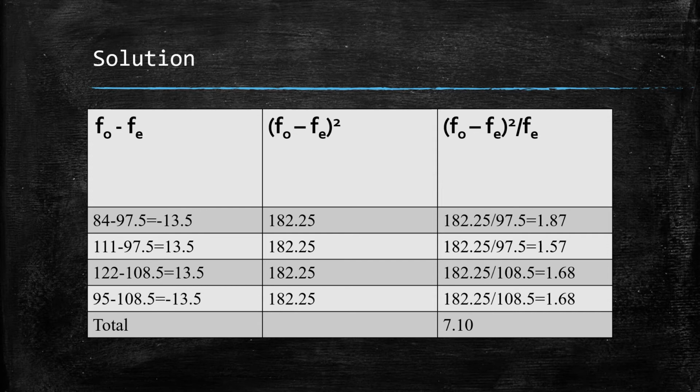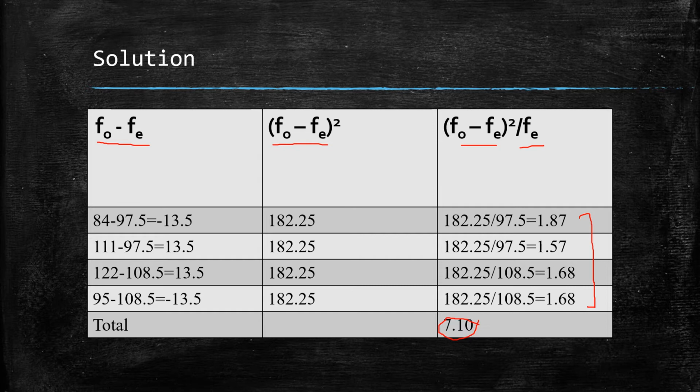First, we will calculate the difference between observed frequencies and expected frequencies. Then we will square the difference. The square of the difference will be divided by expected frequencies. Then we will calculate the total of this column, which is our answer. 7.10 is the value of chi-square.